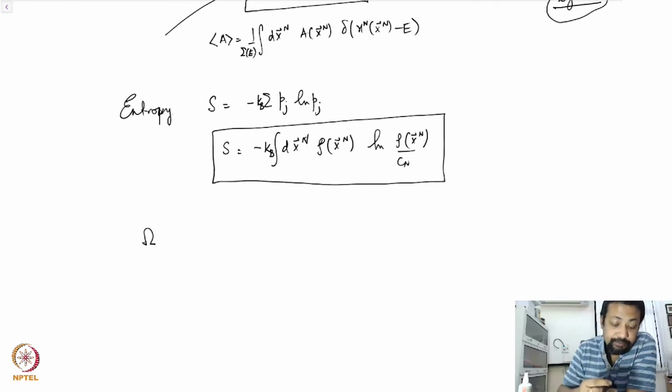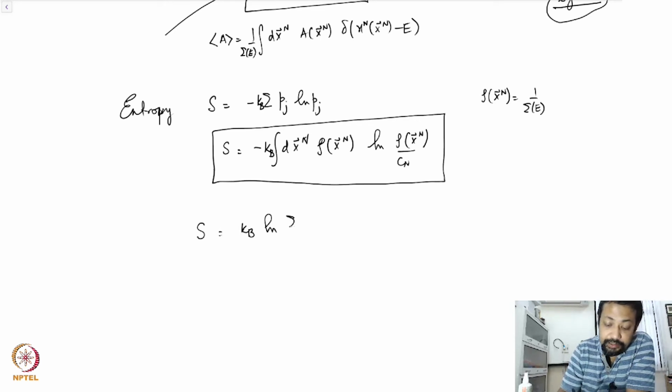If we use this expression, rho of xn equal to 1 over sigma E, then your entropy is kB ln of sigma E over Cn.